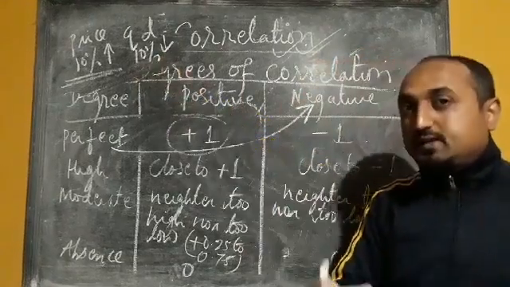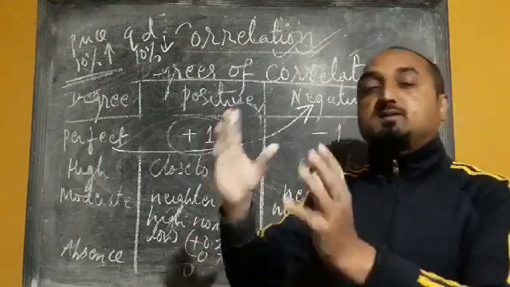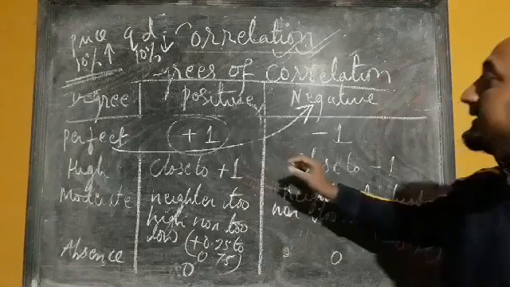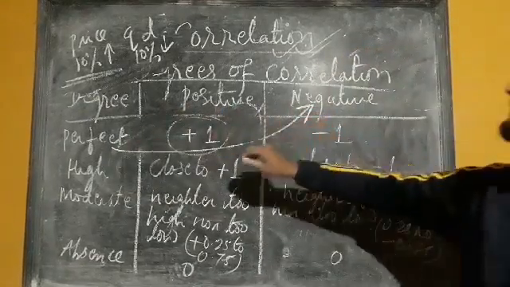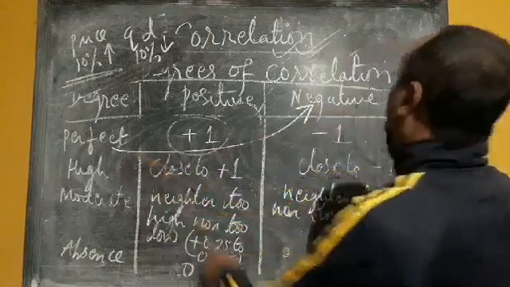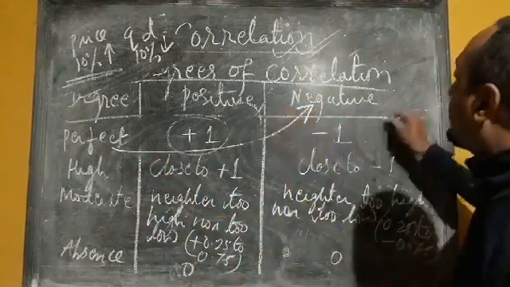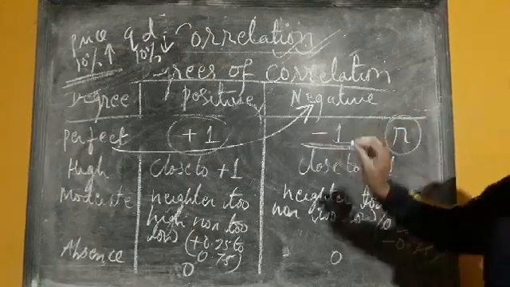Though there is a change in the value of variables by the same proportion, they are moving in the opposite direction, so that's why it is called perfect negative correlation. And in the case of perfect negative correlation, the value of R will be minus 1.